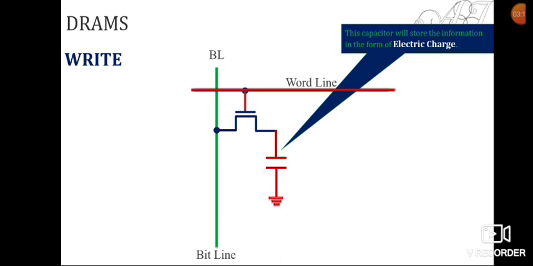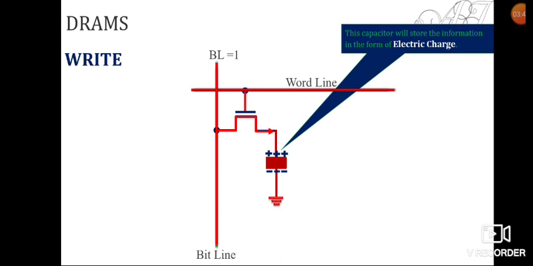If it is turned on, then there will be a connection between the bit line and the capacitor. Now let's say you have to store 1. That 1 is provided at the bit line. If 1 is at the bit line, then since the bit line is directly connected with the capacitor, it will start charging, and it will develop a potential across the capacitor.